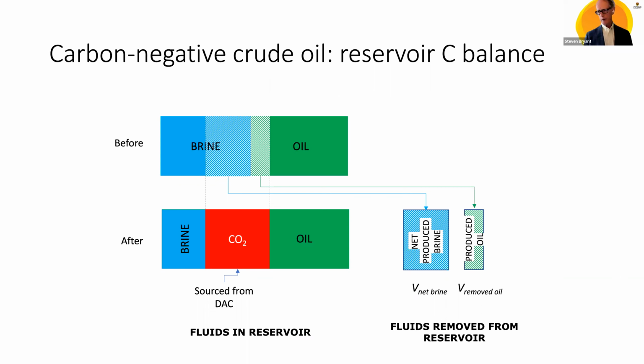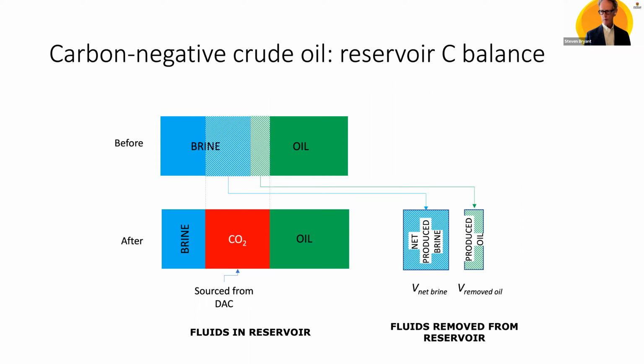You've got a certain amount of carbon in that reservoir before the time when it's full of brine and oil. Green is oil, blue is brine. In the course of pushing in CO2, we will produce some oil, and that's that green hashed volume. We'll also produce brine, and as mentioned, some of that we'll dispose somewhere else.